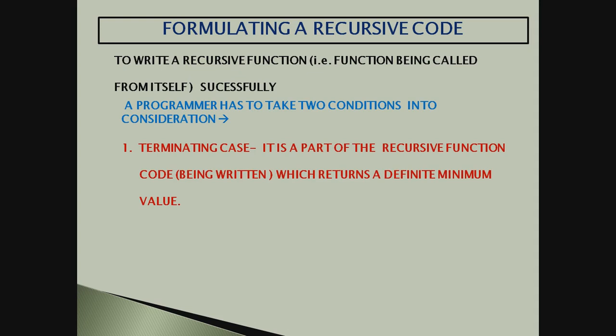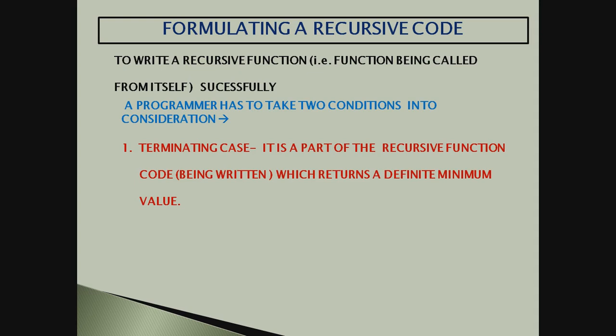You saw when we were talking of finding the sum of n natural numbers, we got a definite minimum value 1 when 1 was passed to the sum function.